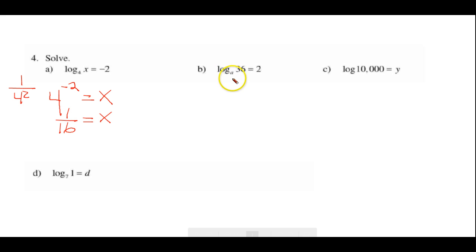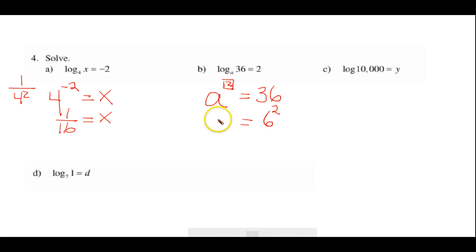Alright, in example 2, here we have base a to the second power is equal to 36. Now, what we have to do here is go to our tool bag, and we haven't had this one yet, but if we change this 36 to something to the second power, 6 to the second power, there we go.